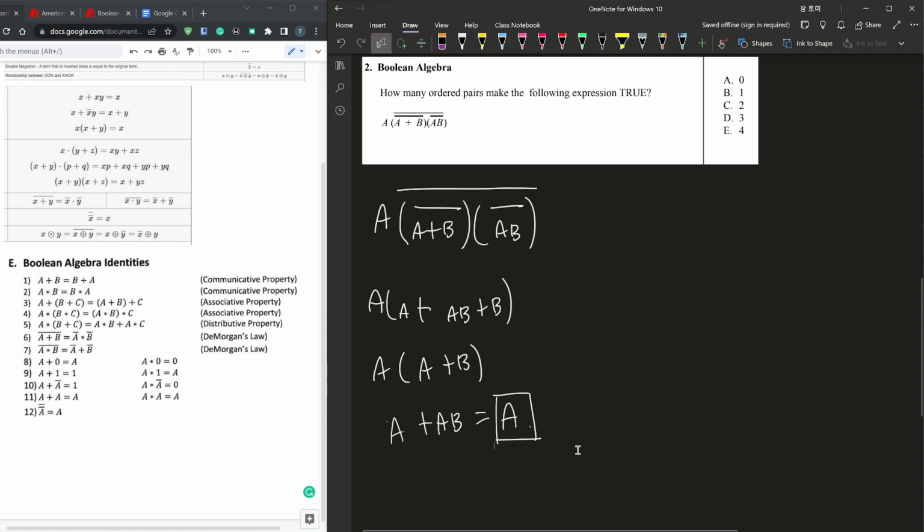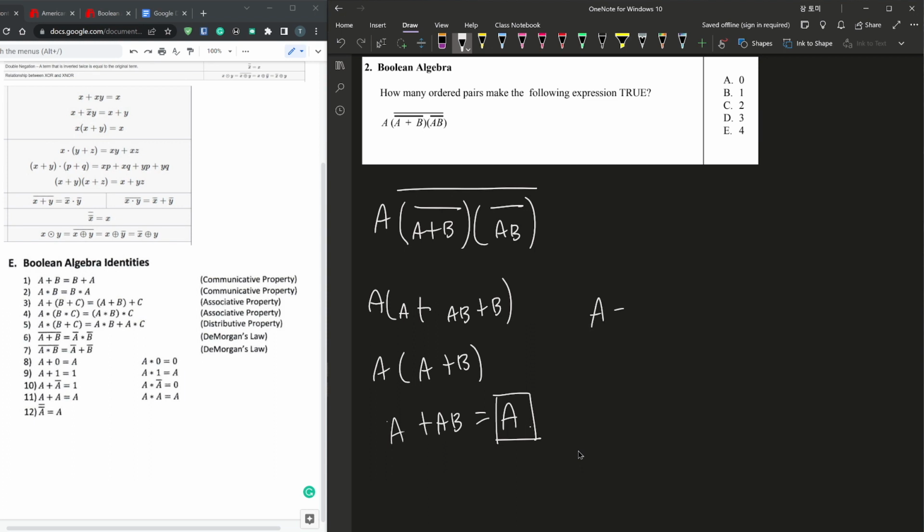But don't be tricked here, because some people might say we want to make it true, just a is 1, but that is not the case, because if we leave b out, we're just saying that b can either be 0 or 1, and it will not affect the result because b is going to be cancelled out anyways. So we always have to keep in mind that b can be either 0 or 1, but a always has to be 1.